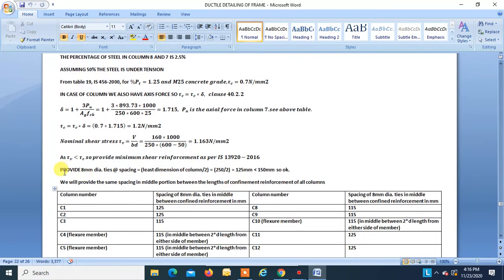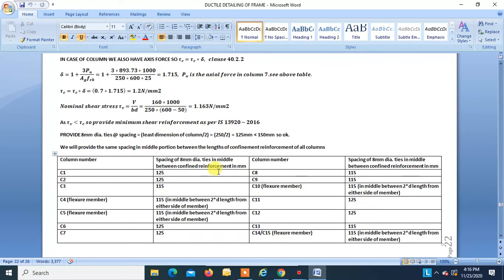We will provide 8 mm dia ties at spacing equal to least dimension divided by 2. So when the width is 250, you will provide 125 mm, and when the width is 230, you will provide 115 mm, right?